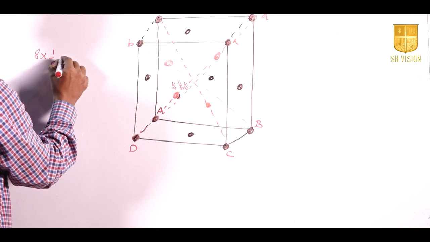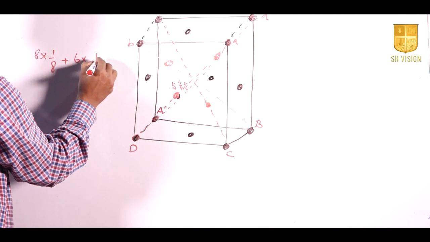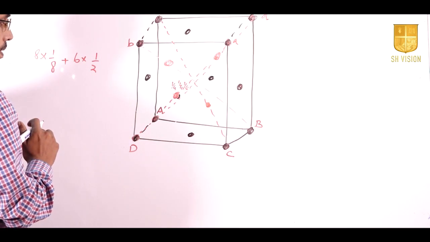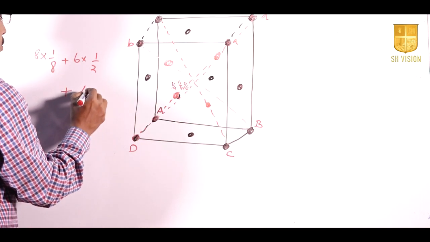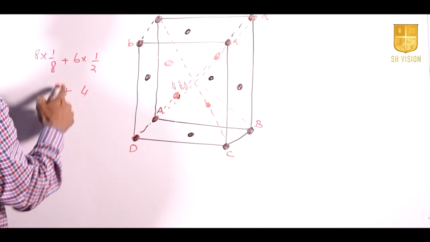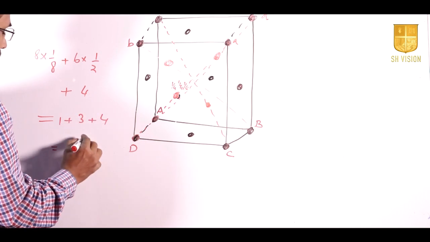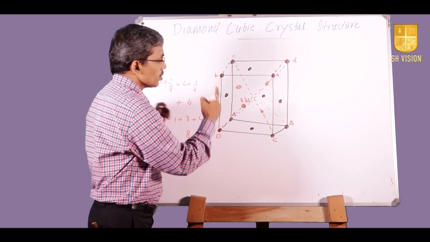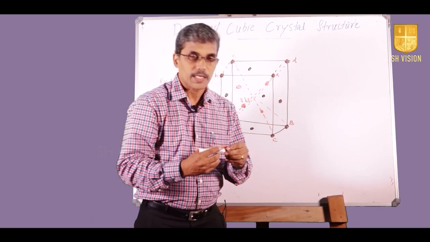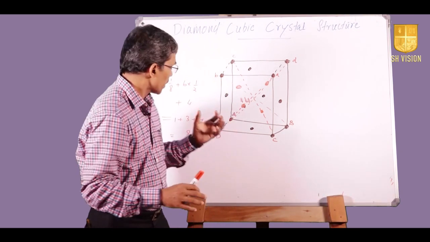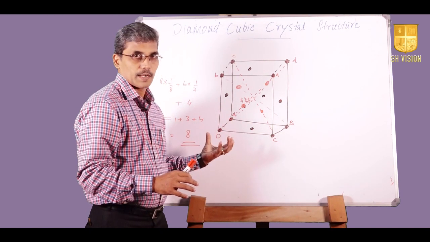Here 6 into 1/2, only half because it is shared between 2, plus additional 4. So total we will be having 1 plus 3 plus 4, so total 8 atoms per unit cell. So diamond cubic unit cell is a cubic unit cell which is having 8 atoms per unit cell.